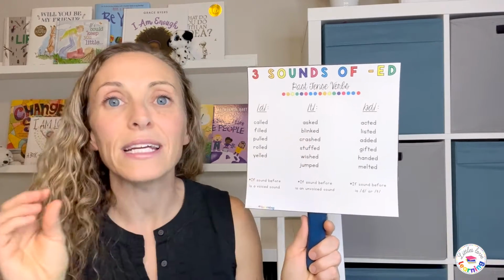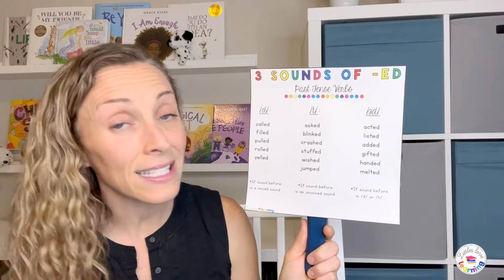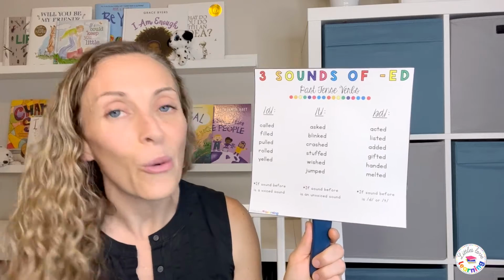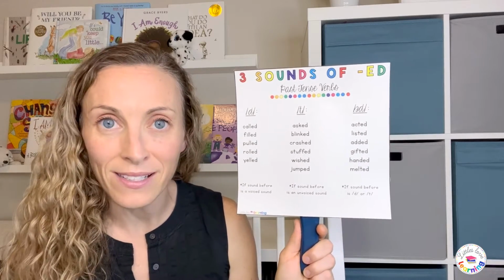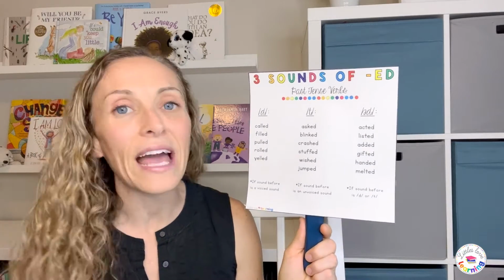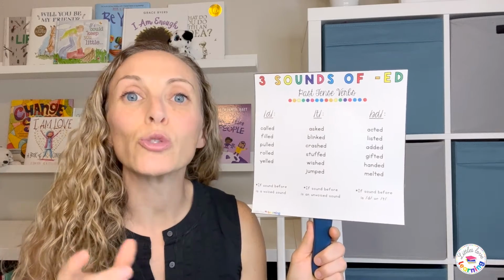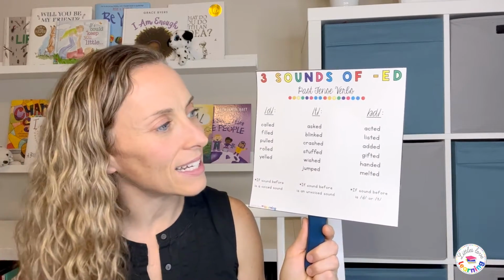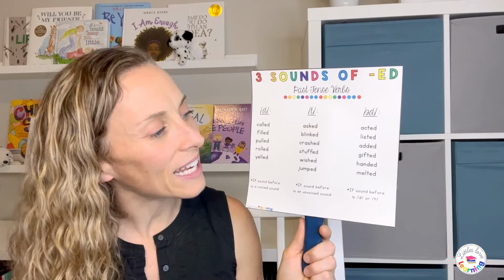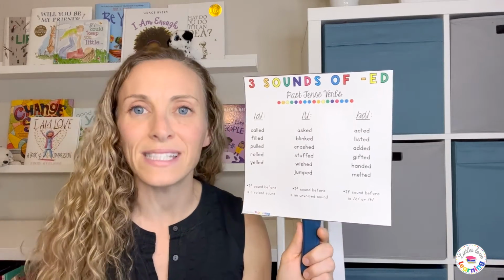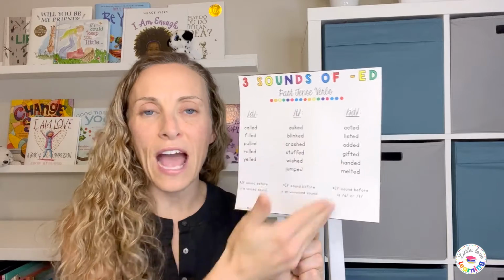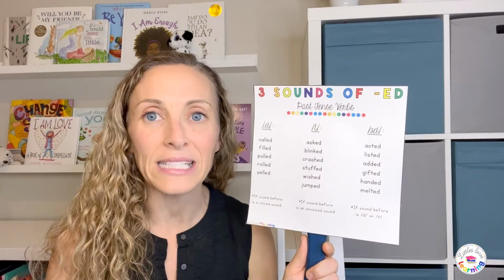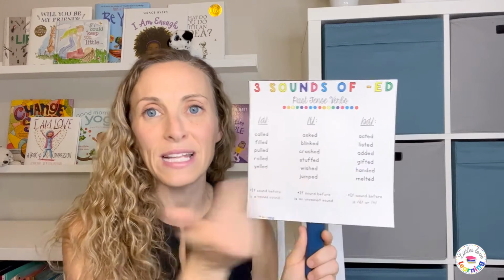It could sound like t, as in asked, blinked, crashed, stuffed, wished, and jumped. Or it can sound like id, which has a schwa sound before the d. Acted, listed, added, gifted, handed, melted. All of these are action words where we've added ED to show that it happened in the past. But there are 3 different pronunciations.